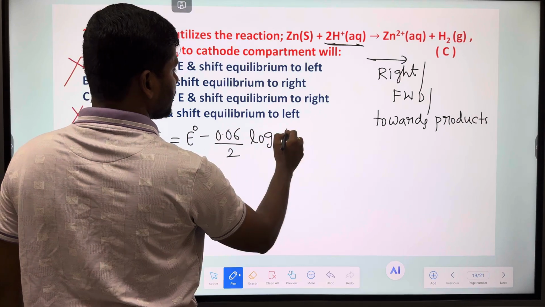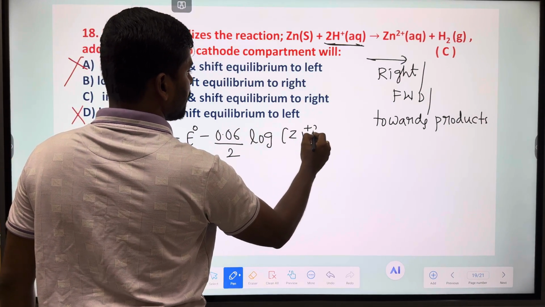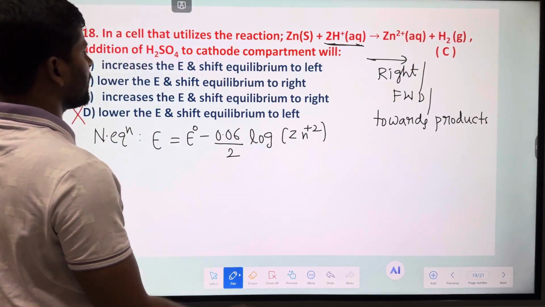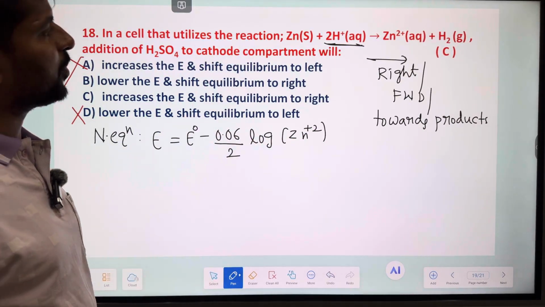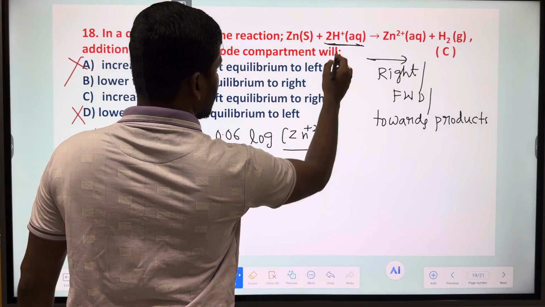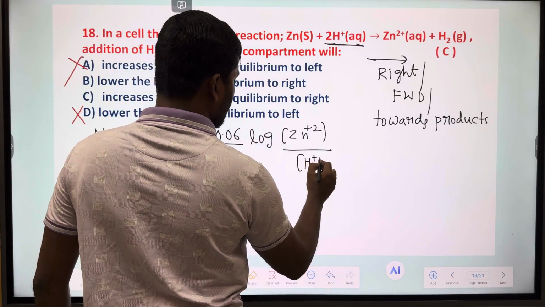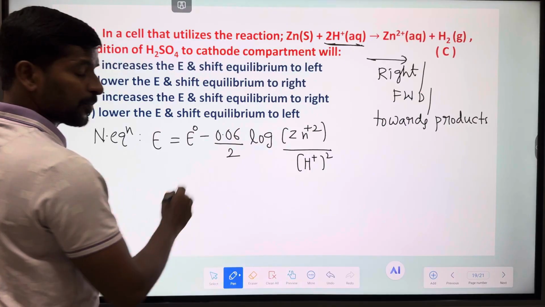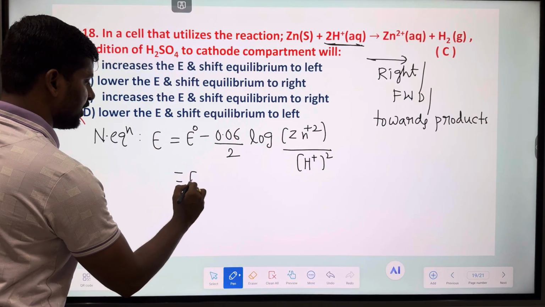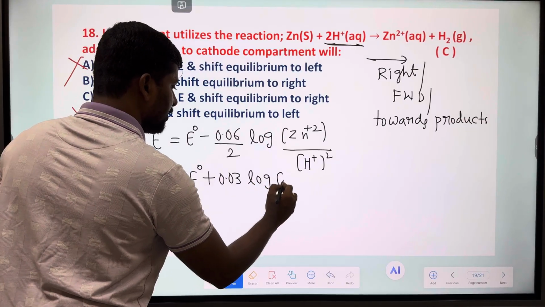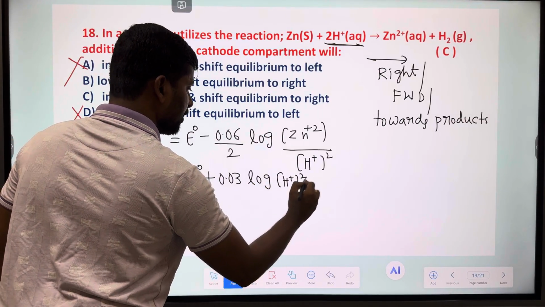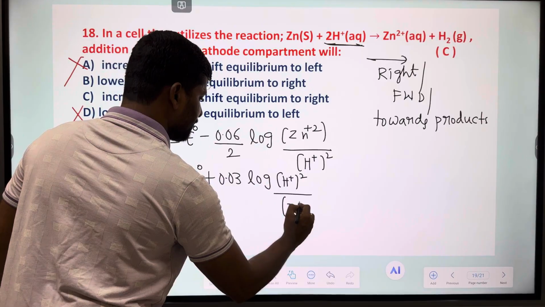Log of the product side ions, concentration of Zn plus 2. Gas is given, but its pressure is not mentioned, which means it may be 1 atmosphere, by H plus power 2. This is important, and how the electrode potential changes with H plus ion concentration. So E naught plus 0.03 log H plus power 2 by Zn plus 2.